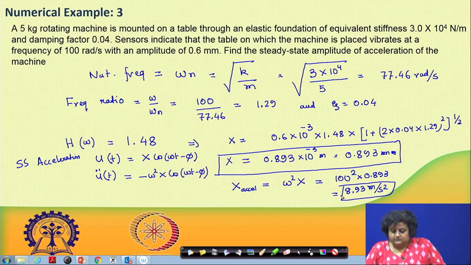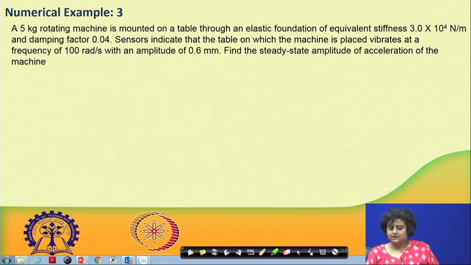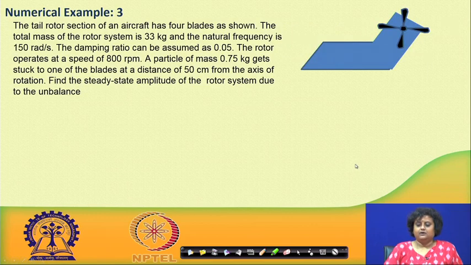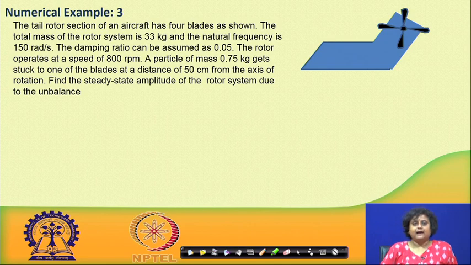So, the third example that I have chosen is the example of a rotating unbalance. As I said earlier, a rotary blade or a rotor is very common in an aircraft or in a helicopter. This is such an example where we have an aircraft, and on the tail region of the aircraft there is a rotor section.